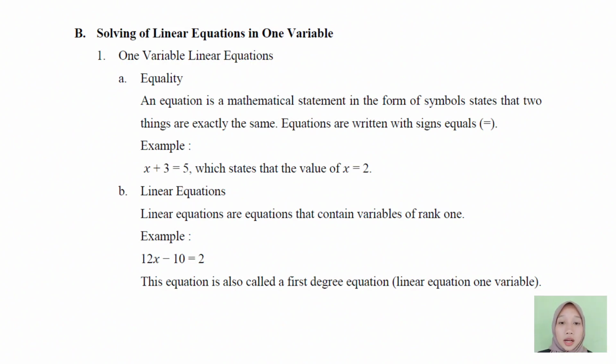Next, linear equations are equations that contain a variable of rank 1. Example, 12x minus 10 equals 2. This equation is also called a first degree equation or linear equation in one variable.